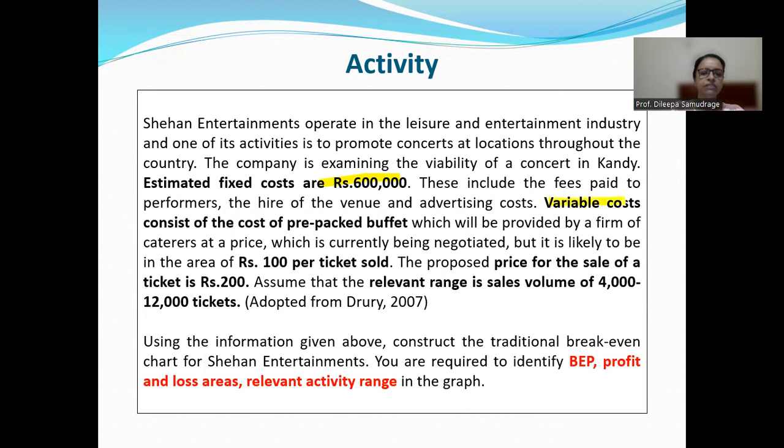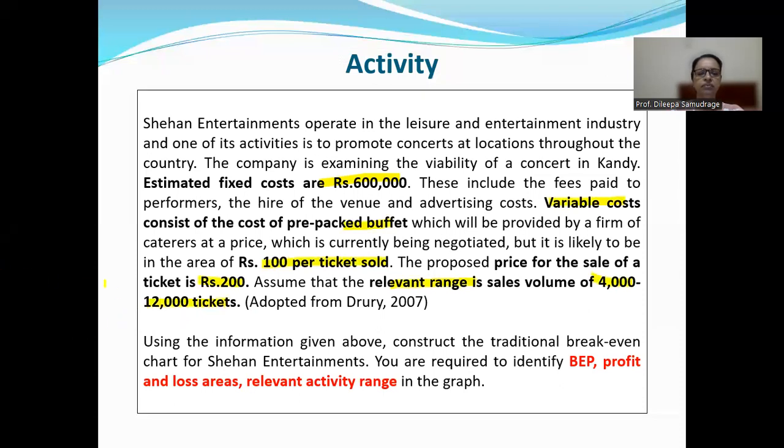Variable cost consists of the cost of a pre-packed buffet, which will be provided by a firm of caterers at a price which is currently being negotiated, but it is likely to be in the area of 100 rupees per ticket sold. The proposed price for the sale of a ticket is 200 selling price. The relevant range is 4,000 to 12,000 tickets.